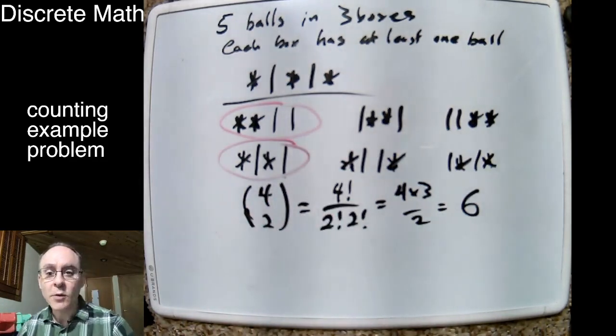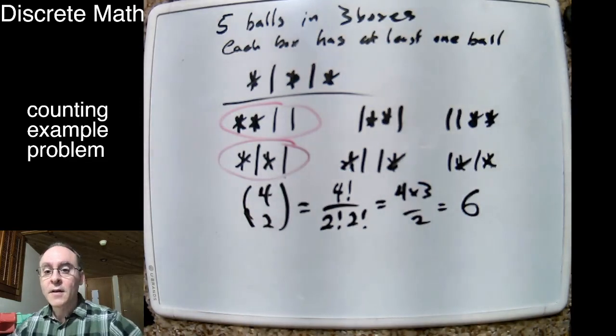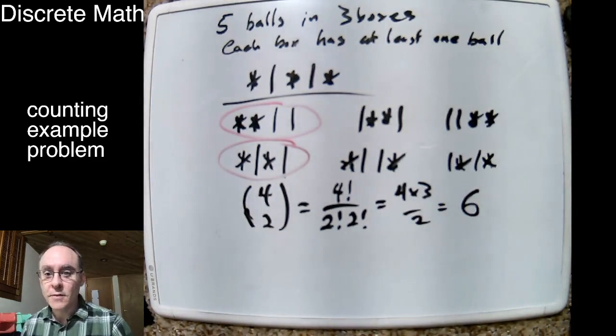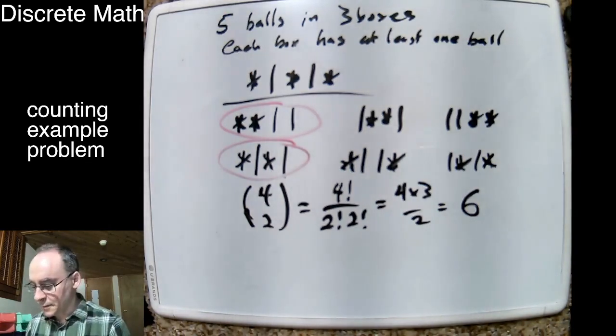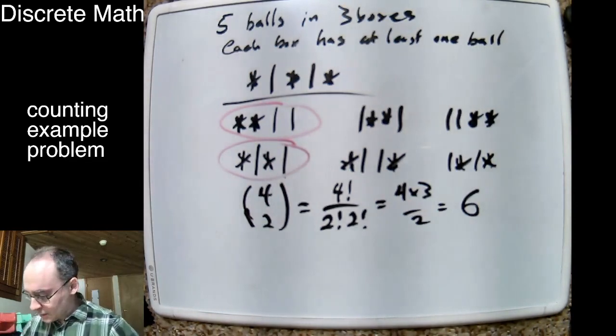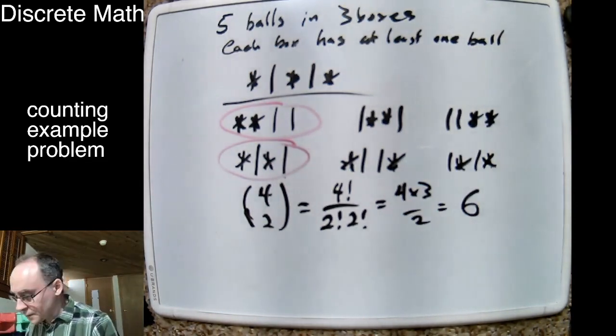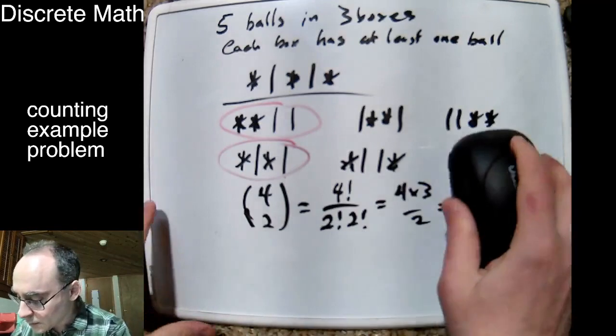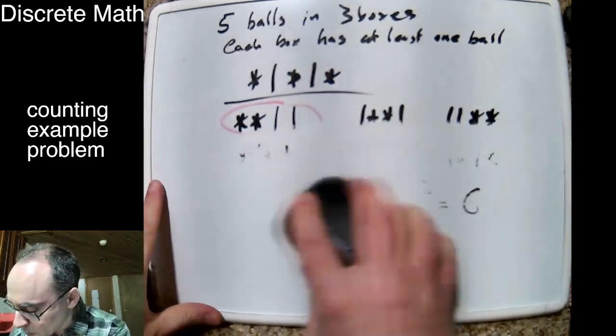And so in that case, where both the balls and the boxes are indistinguishable, then I have only two ways to distribute 5 balls in 3 boxes. So we're already halfway done. So let's remember those numbers, hopefully.